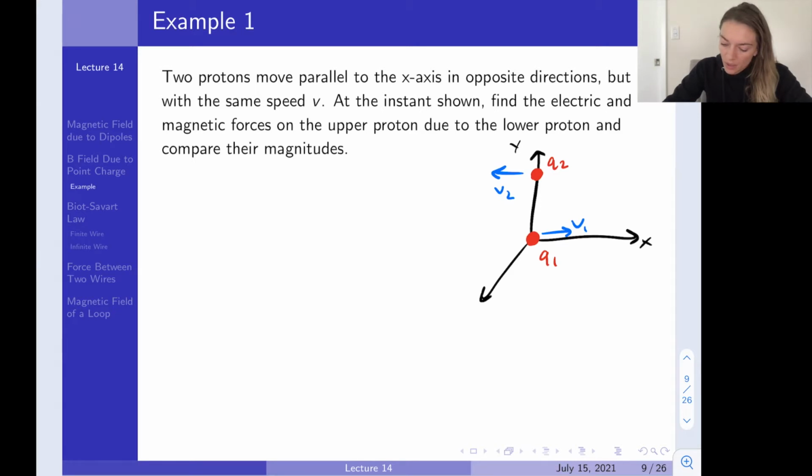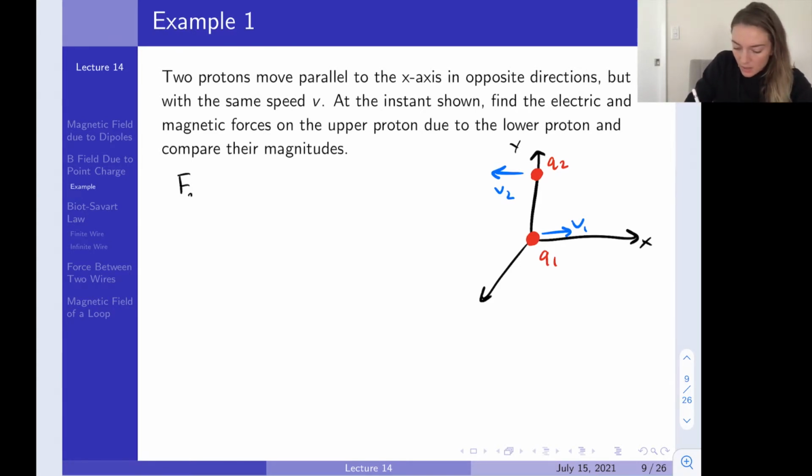At the instant shown, find the electric and magnetic forces on the upper proton due to the lower proton and compare their magnitudes. We want to find first the electric force on Q2 due to Q1. We can just use Coulomb's law for that.